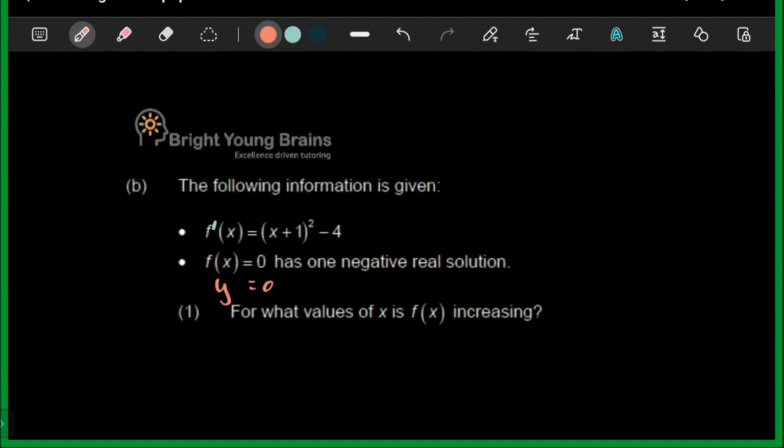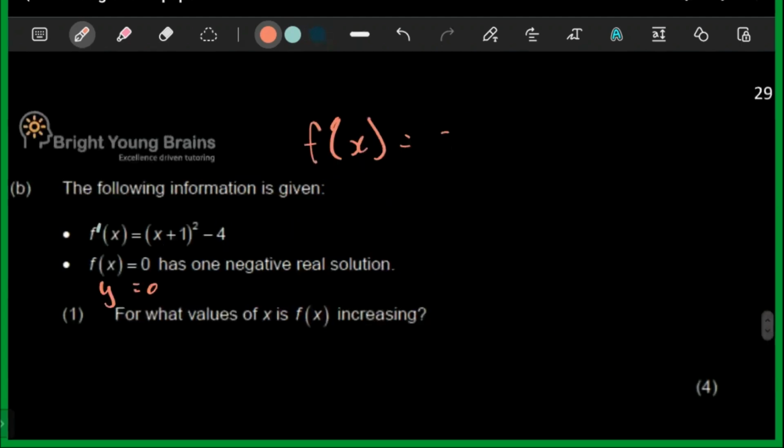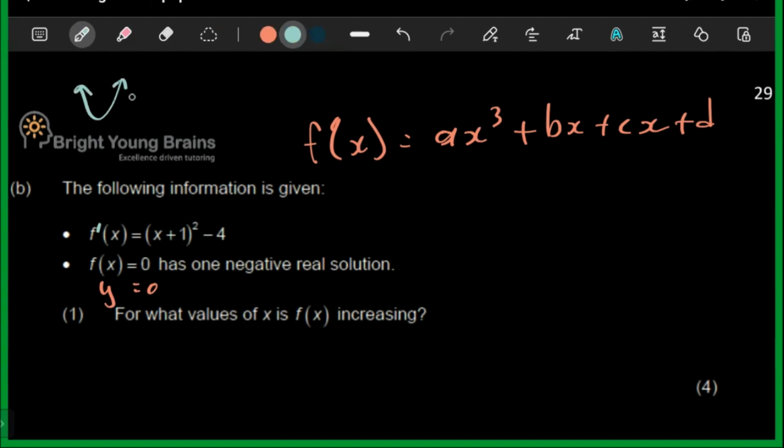It means the original equation is actually a cubic function, ax cubed plus bx squared plus cx plus d. This is a smiling parabola, you see. So these y values would be representing the gradients of this graph.